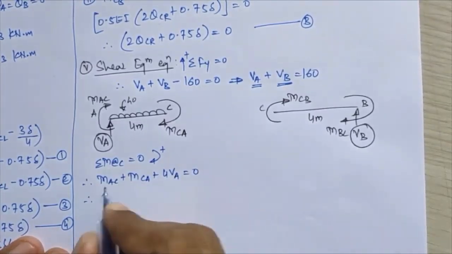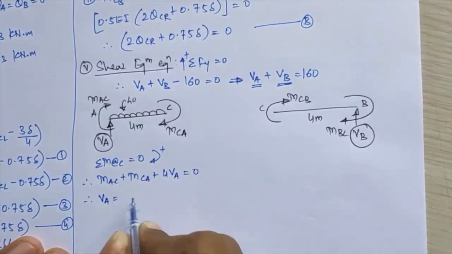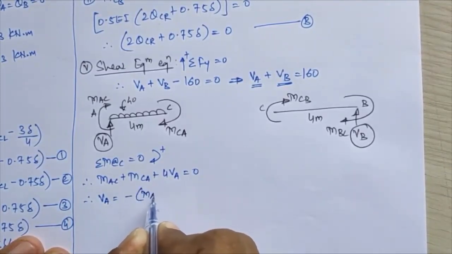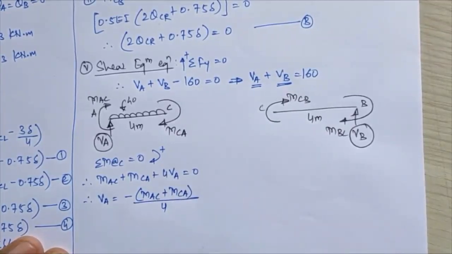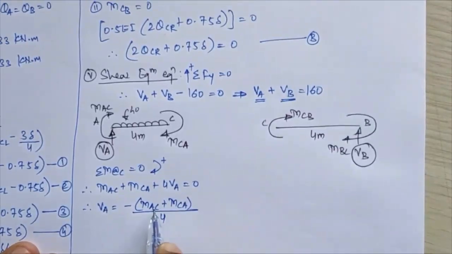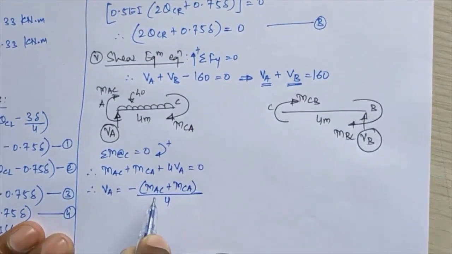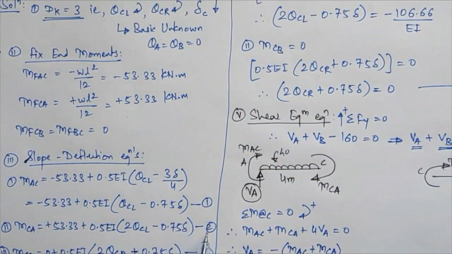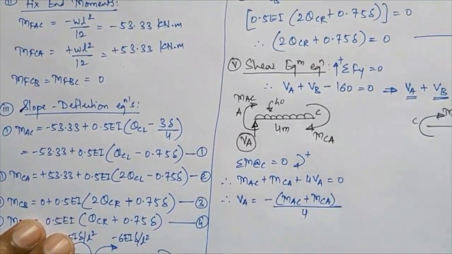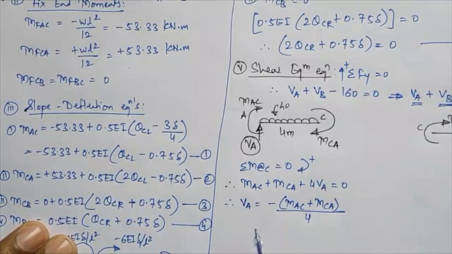So if I simplify this, I will get VA is equal to minus MAC plus MCA divided by 4. Okay, so here you have to substitute the values of equations of MAC and MCA. Okay, that is your equation number 1 and 2 here. Okay, so if I substitute these two equations over there, see what I'll get.